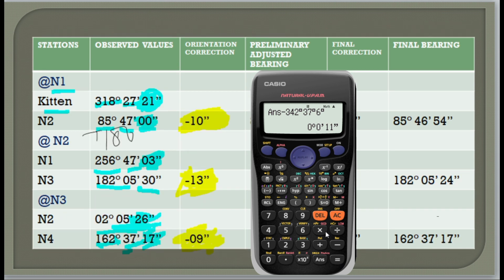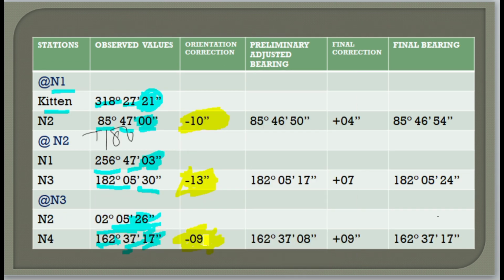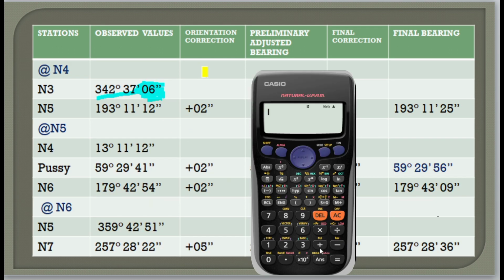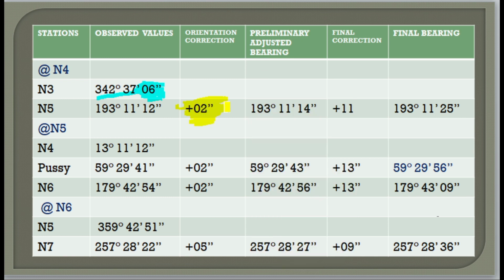Positive 11 applied to the previous orientation correction, which was negative 9, so we are going to add negative 9 plus 11, and then our next orientation correction becomes a positive 2 seconds. We move on to the next part.